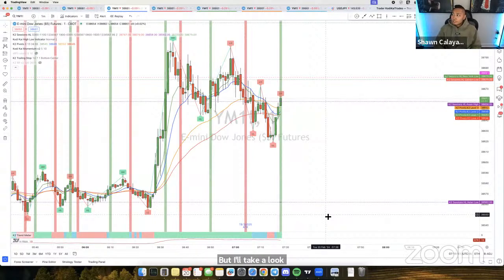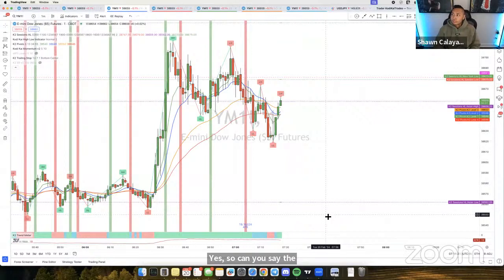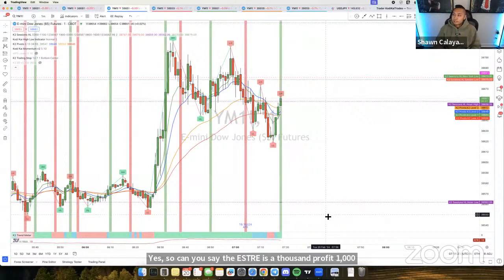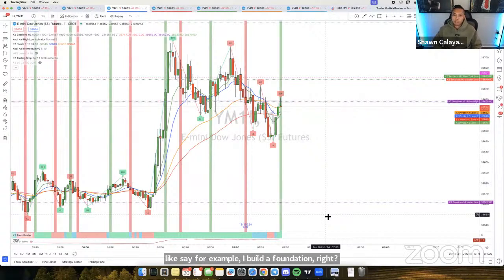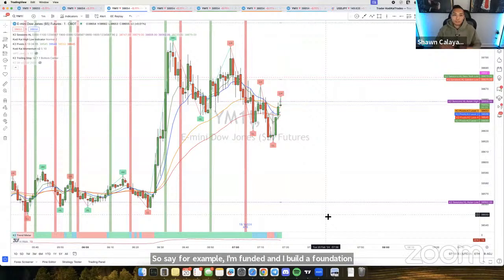Yeah, so Kenny said the ES strat is 1,000 profit, 1,000 loss at 10 contracts. The thing with that is that we'll be capped. Say, for example, I'm funded and I build a foundation of like 20,000 profit, and ES requires more contracts for me to make more profit.